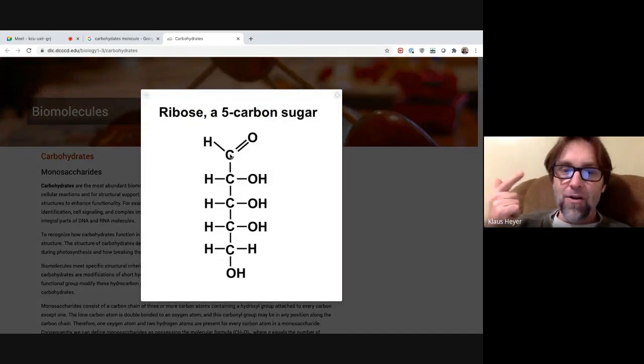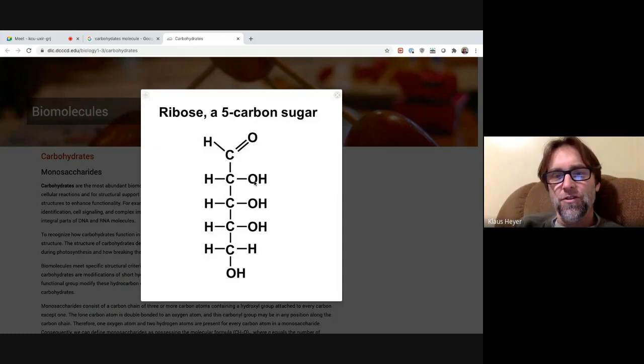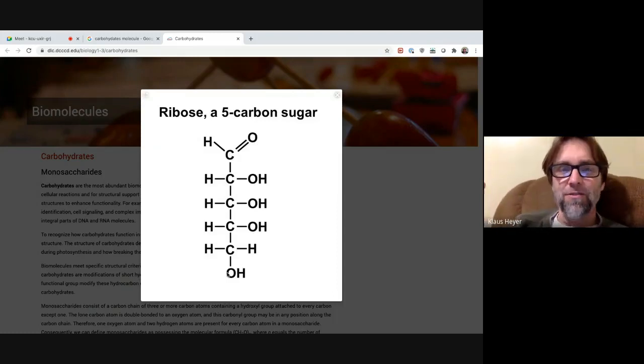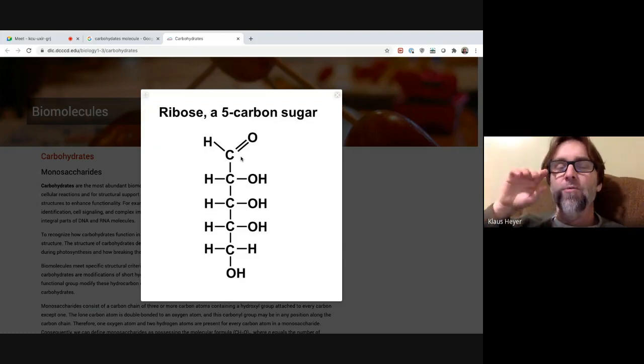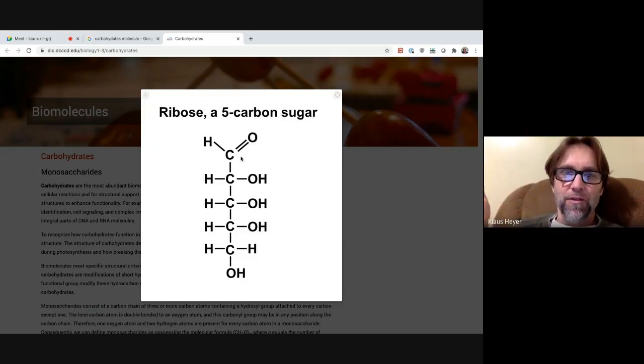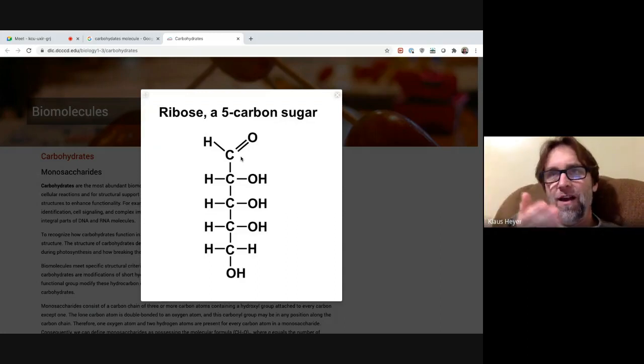So now I already know how many oxygens I'm going to have. I'm also going to have 5 oxygens, and I'm going to have double the amount of hydrogens. If I count these, it's going to be 10. So this is a 1 to 2 to 1. So it's not CH2O in this case, it's C5H10O5. 1 to 2 to 1. It's that ratio.